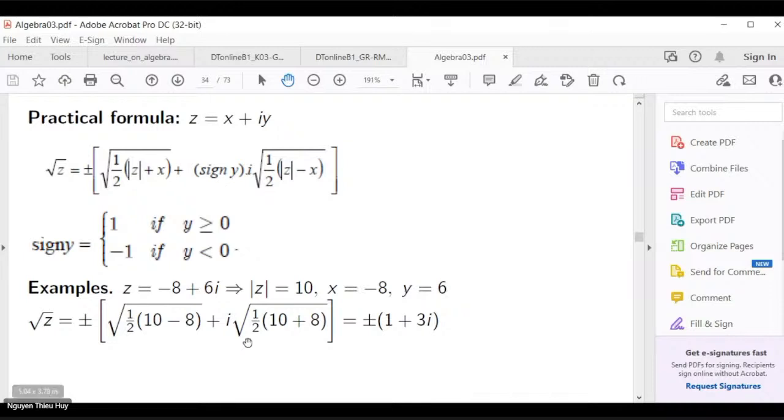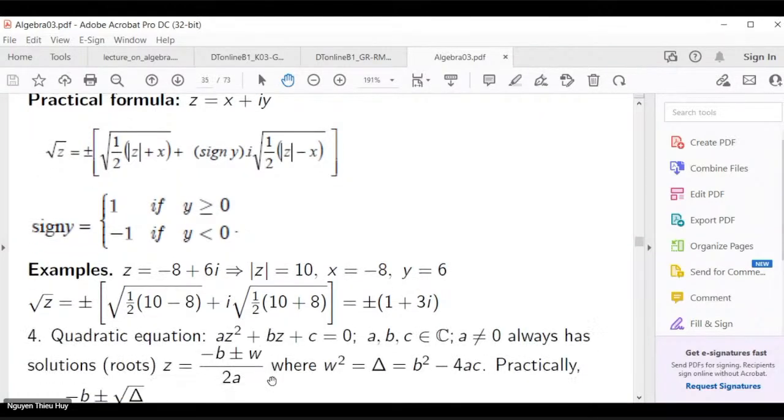Then you put it into the formula, and immediately you obtain the square root of z, in this case plus or minus (1 plus 3i). So this formula is not so difficult to remember.